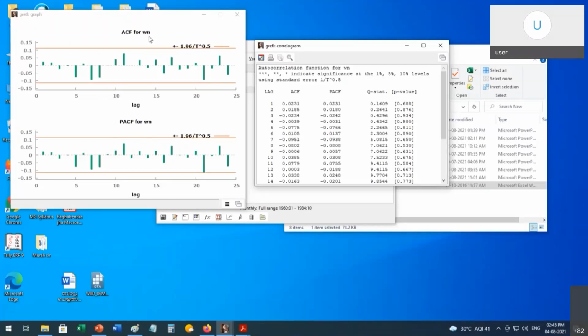White noise is an error term, a spherical error term. The spherical error term is the general term in econometrics, but in time series we call a spherical error white noise. It has a flat spectral density. Flat spectral density means these three properties: zero mean, constant variance, zero autocovariance or autocorrelation.